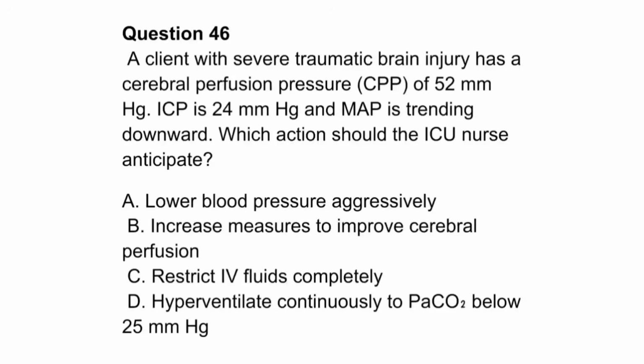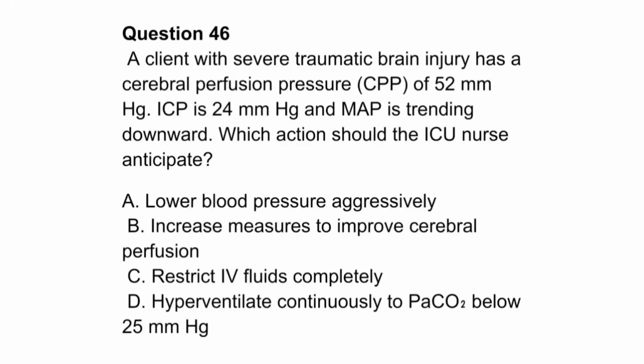Question 46. A client with severe traumatic brain injury has a cerebral perfusion pressure, CPP, of 52 millimeters of mercury. ICP is 24 millimeters of mercury and MAP is trending downward. Which action should the ICU nurse anticipate? A. Lower blood pressure aggressively. B. Increase measures to improve cerebral perfusion. C. Restrict fluids completely.